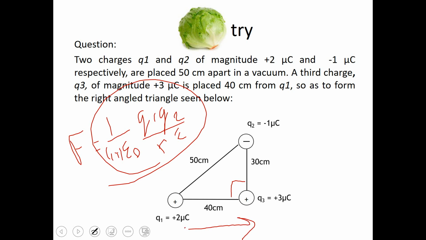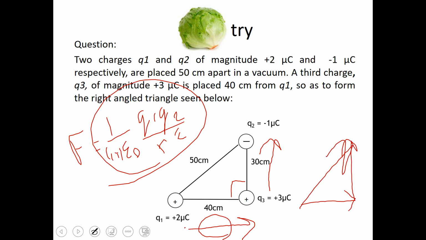And then your force on Q3 due to Q2 is going to be an attractive force, and it's going to pull up that way. So you are going to end up with something going that way and something going that way, and I assume that means that the vector is going to end up going somewhere up there. I got that right, I assume. Yep. So you've got two different force vectors you need to work out.